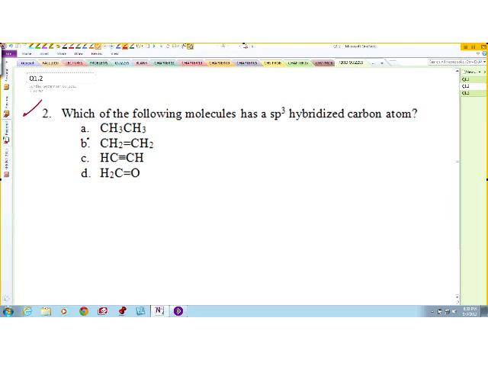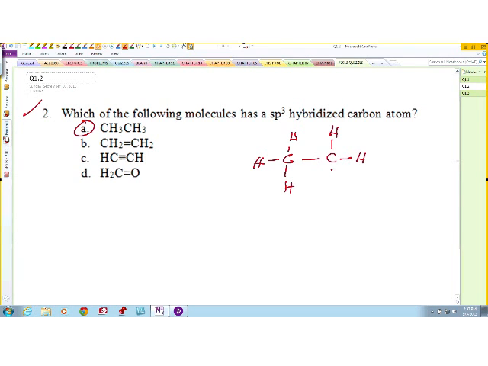A, very good. How did you get to A? It's A because, first off, that's an alkane, so all of them are going to be single bonds. And hybridization comes when there are multiple single bonds.